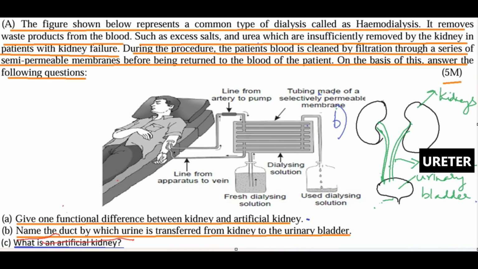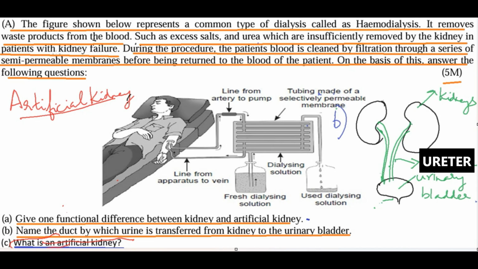What is an artificial kidney? The figure shown here is a patient who is connected with an artificial kidney. What is an artificial kidney? The technique is also called hemodialysis.